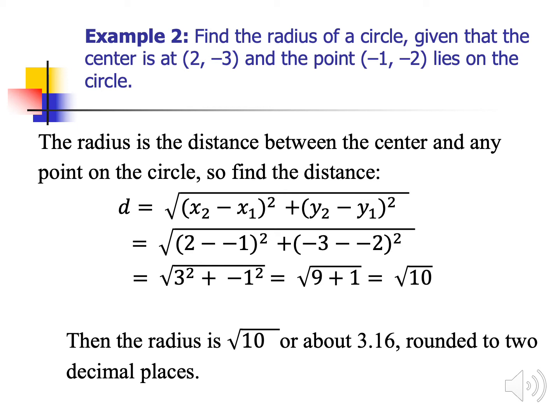Plugging it in, we have 2 minus -1, so that's 2 plus 1, that's 3. -3 minus -2 is -1. So that's 9 plus 1, the square root of 10. Then the radius is the square root of 10, or approximately 3.16, rounded to 2 decimal places.